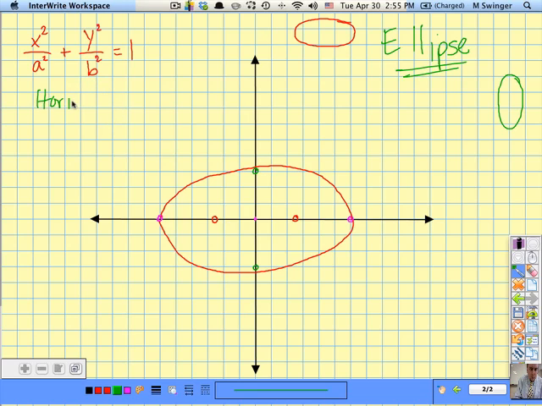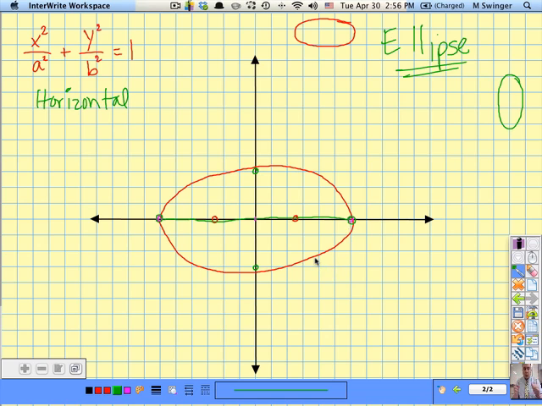So if it's horizontal, meaning the major axis is horizontal. Basically, the longest axis is horizontal. There are two axes in an ellipse. One goes from this vertex all the way through to this vertex.